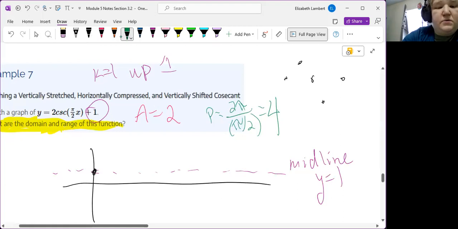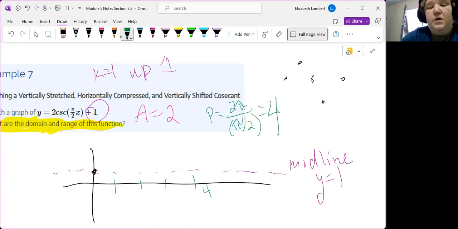So the up, the 0, the down, the 0. This other 0 occurs here at 4. So we need to know what these tick marks are. Halfway between 0 and 4 is 2. Halfway between 0 and 2 is 1. Halfway between 2 and 4 is 3.